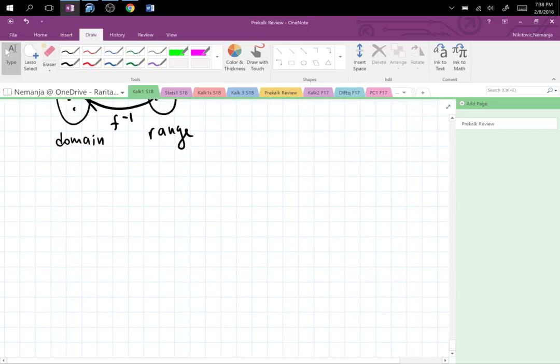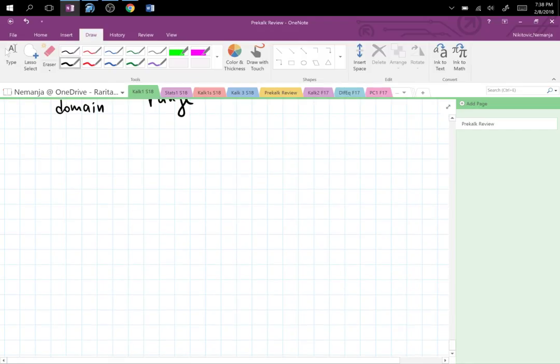So here we go with a very simple idea. First of all, inverse swaps domain and range.